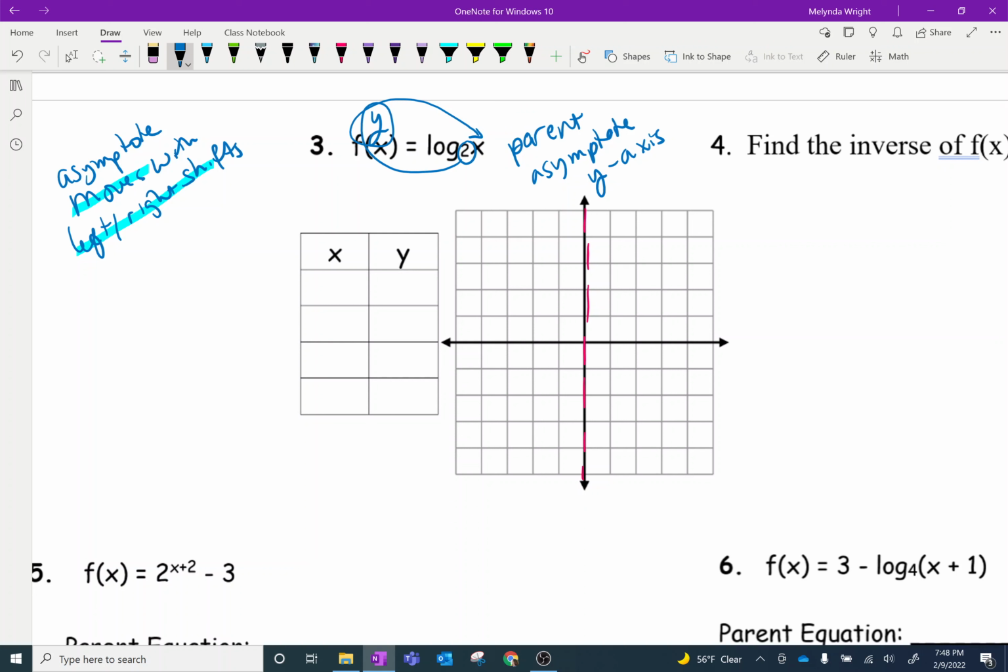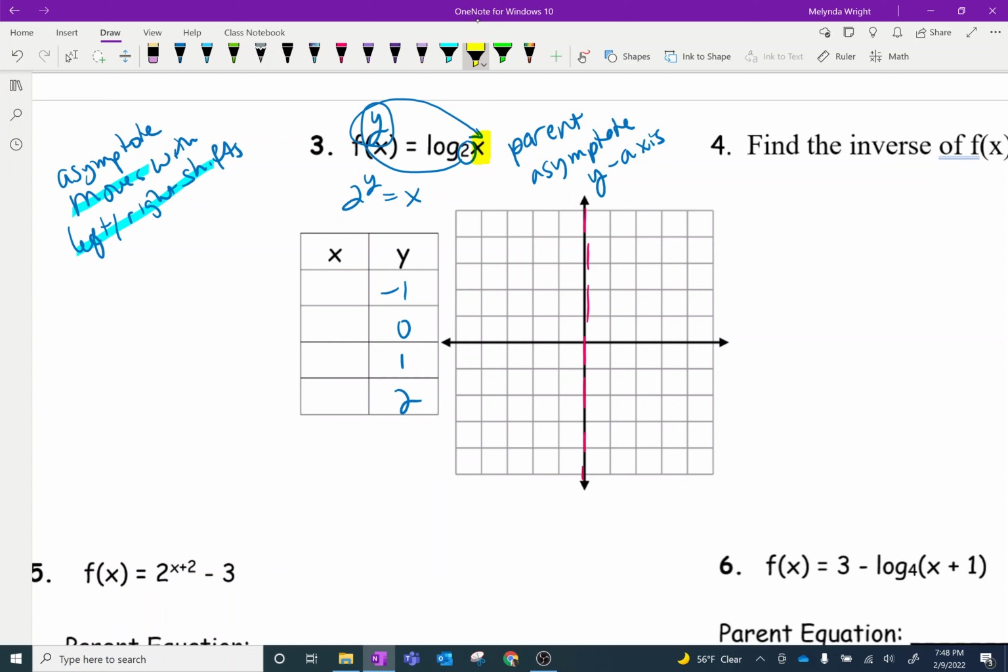It's going to be easier to plug numbers in for the y rather than plug numbers in for the x. It would be really hard to plug numbers in for this x right here. Why, when we can convert it to an exponential and then just use exponentials? Seems much easier.